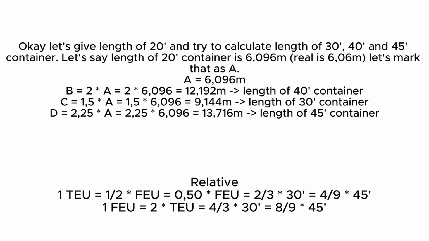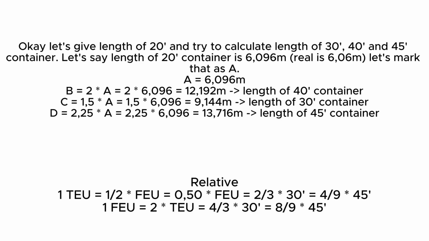Let's mark length of 40-foot container with B, length of 30-foot container with C, and length of 45-foot container with D. So B is equal to 2 times A, so 2 times 6.096 meters is 12.192 meters, that's length of 40-foot container.